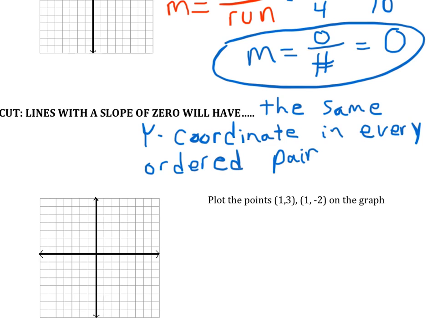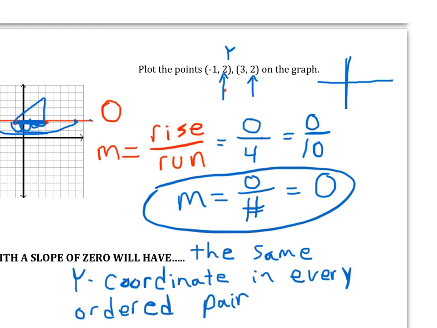Get that down. If you're not done writing that, you can always pause it and get that down. Again, if I go up here, they have the same y coordinate in all the ordered pairs.